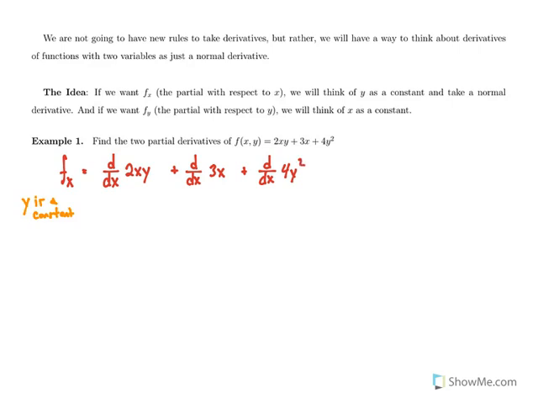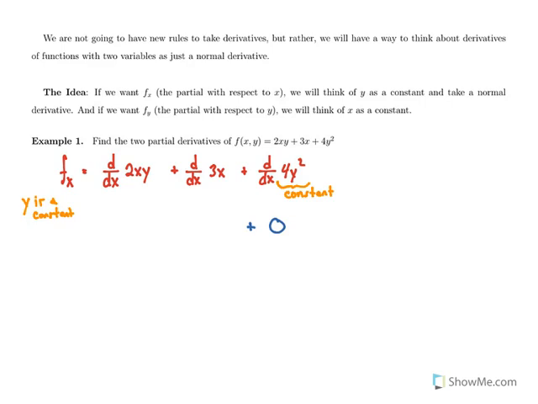And we can just do these derivatives straight out, but we're going to have the added notation that this y is a constant. So, for instance, this 4y squared, that is just going to be one big constant. And we know that the derivative of a constant is just 0. So this whole last term is 0.